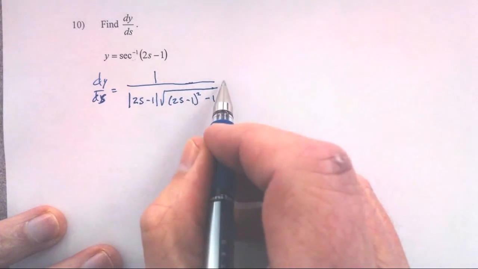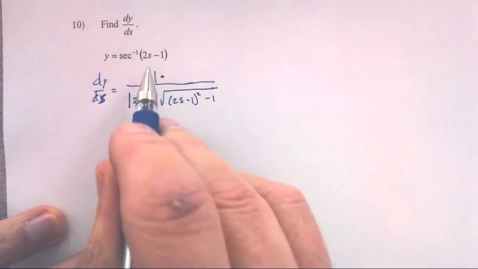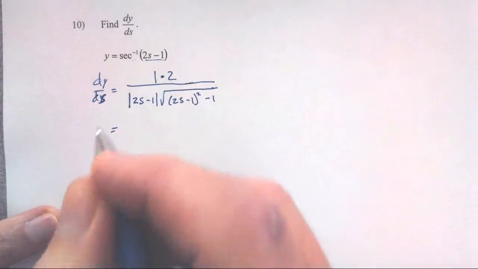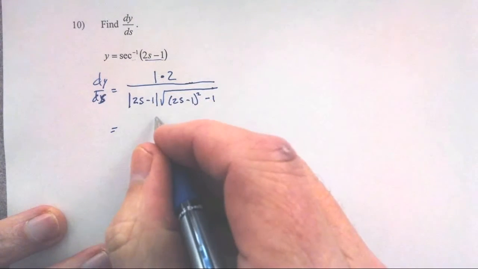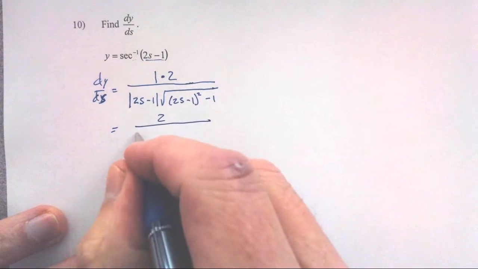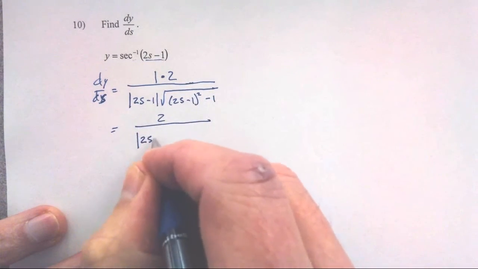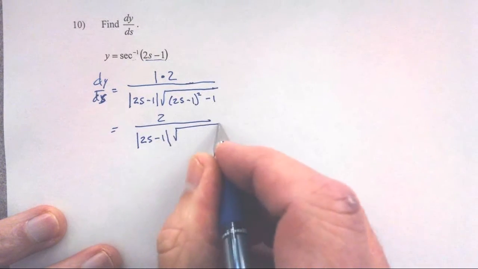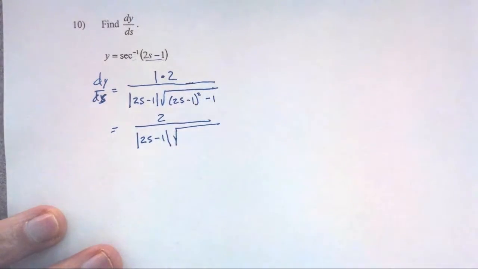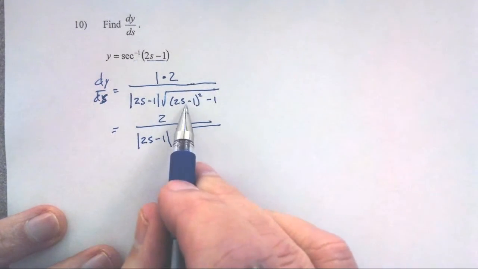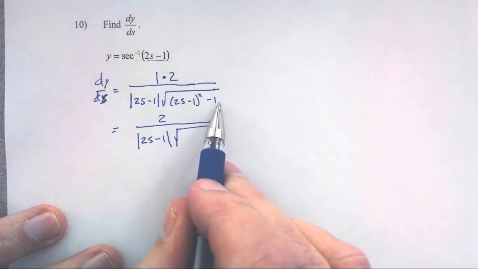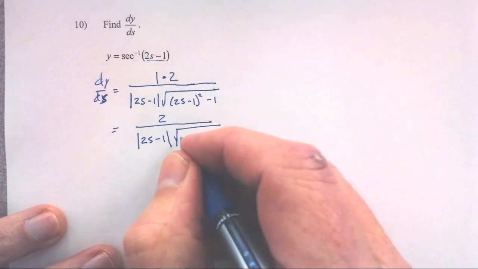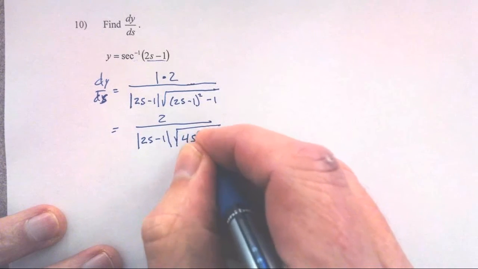We can either multiply that out here, or we can say times the inside derivative. The inside derivative is 2. So we get 2 on absolute value 2s minus 1. And then we look, is there some benefit perhaps to foiling this? And absolutely there's a benefit to foiling this, because when I foil this, I'm going to get a plus 1, cancel that 1, then we'll see what happens from there. 2s times 2s is 4s squared.